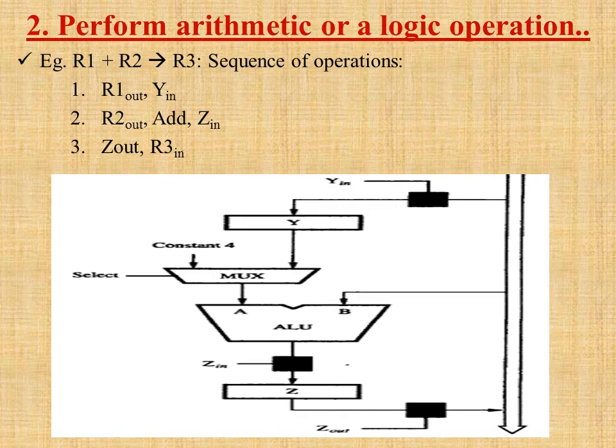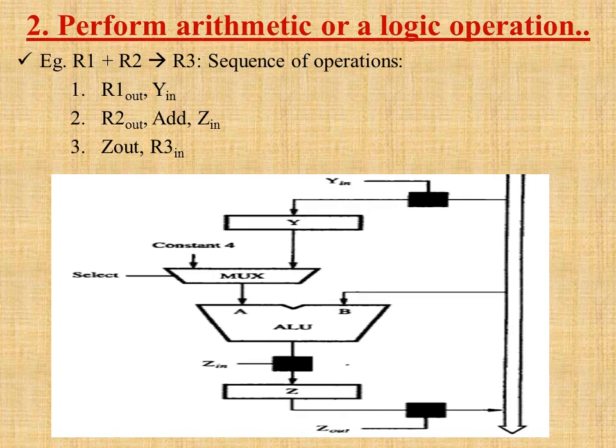So the ALU understands that what has come at point A is to be added with the operand that has come at point B. What does Zin indicate? Zin indicates that after the addition is performed, the ALU will put the result in the Z register by supplying Zin equals 1. So it is written as Zin.